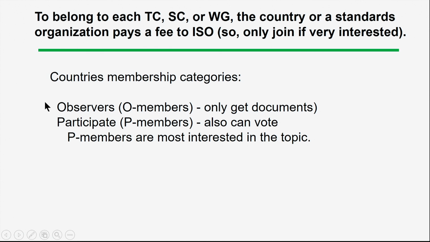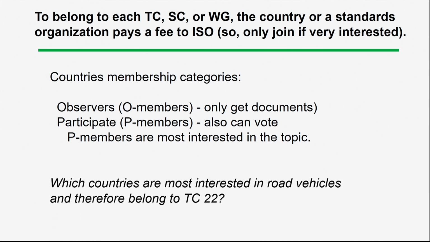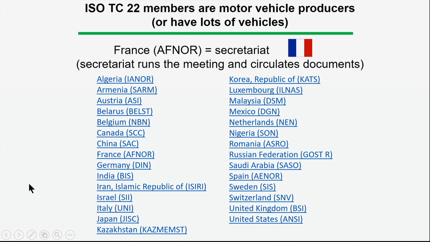And again, because they're paying, the fee to participate is greater than the fee to observe, because the participants have more impact. So then the question is, which countries would be interested in road vehicles and therefore want to belong to Technical Committee 22, and in particular as participants?